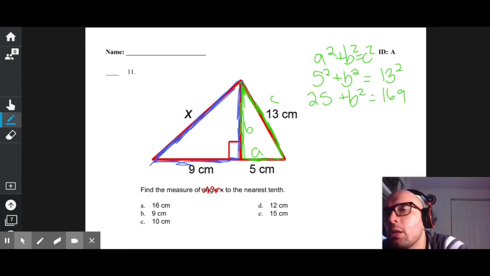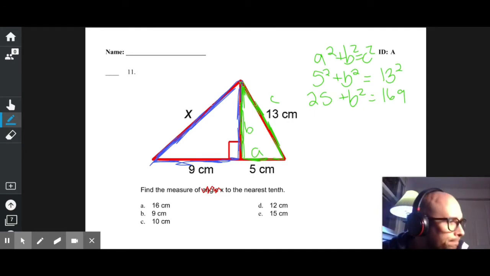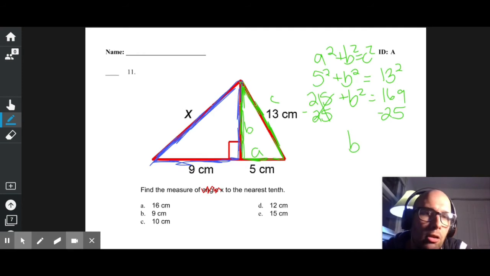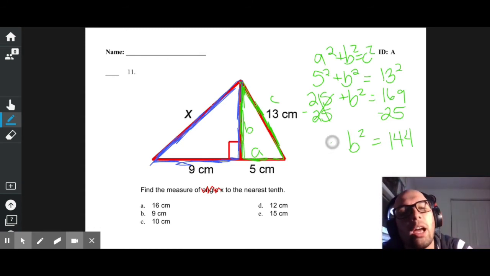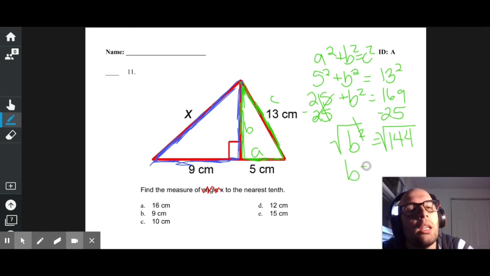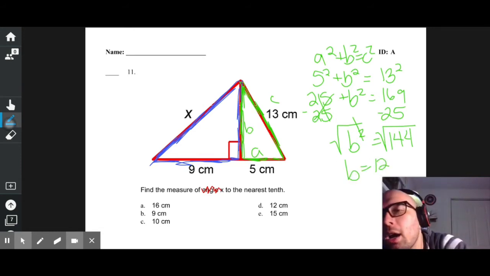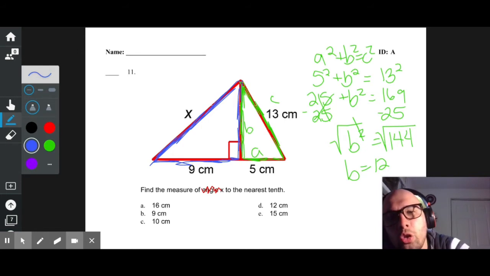I'm going to keep it all green, just like Kermit the Frog does. Subtract 25 from both sides. Cross you out. B squared equals 169 minus 25, 144. Is b all by itself? No. What's in the way? Squared. How do you get rid of the squared? Square root it. And b equals 12. So now I know that you are 12.